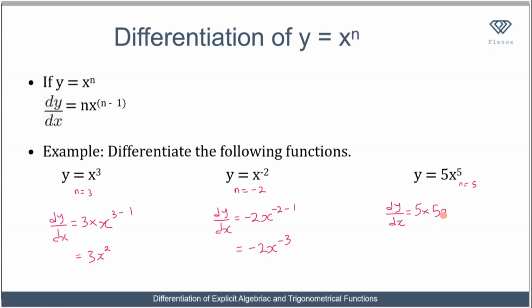Then I have x raised to the power, then I reduce the power by 1, 5 minus 1 based on that formula. So I have 5 times 5, which gives me 25 times x. Then 5 minus 1 gives me 4. So this is the way we differentiate functions when we have y equals x to the power n.